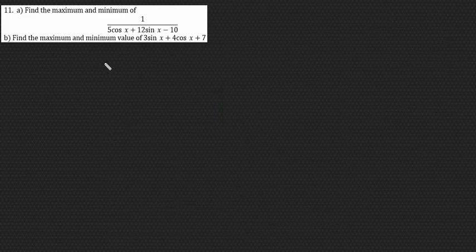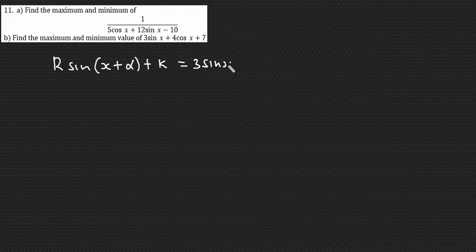So part B, this expression can be written as R. Now let me use sine this time. R sine(x plus alpha) plus a constant, to be equal to 3 sine x plus 4 cos x, then plus 7. Of course the constant will be the 7.